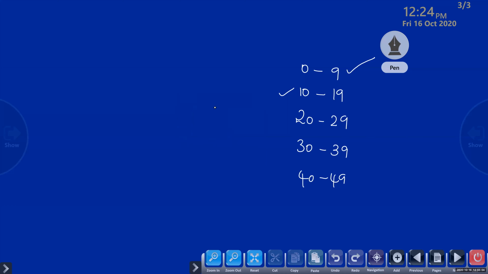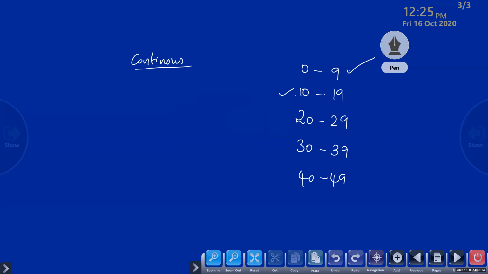Not continuous means the ending point and starting point are not the same. The upper limit and lower limit of the classes are not the same. So in that case, we have to make it continuous. There is a method of making it continuous.